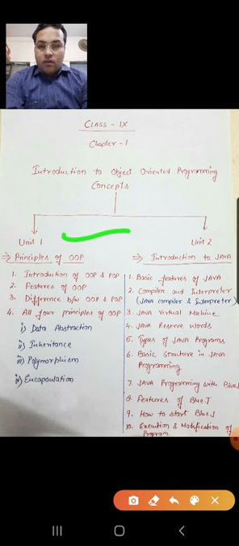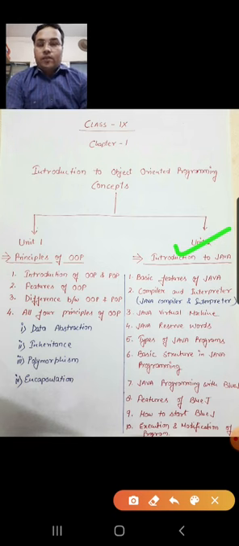And in second unit we are having introduction to Java, in which you are having following points like basic features of Java, compiler and interpreter, Java virtual machine, then Java reserve words, types of Java programs, basic structure in Java programming, then Java program with BlueJ, features of BlueJ, how to start BlueJ, execution and modification of program.